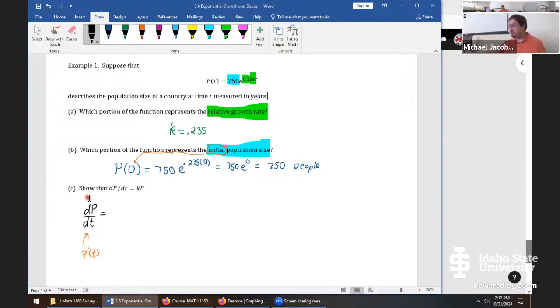So if we're taking the derivative with respect to time, we come over here, and first thing we use is the constant multiple rule. It tells us 750 is unaffected, so it's just going to be 750 multiplied by the derivative of e to the power 0.235t. I'll put a little prime symbol there to say we're differentiating that part.